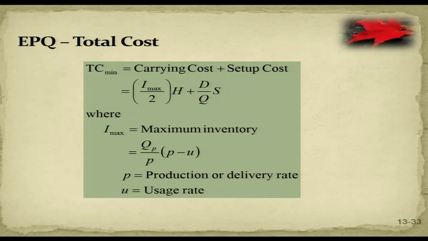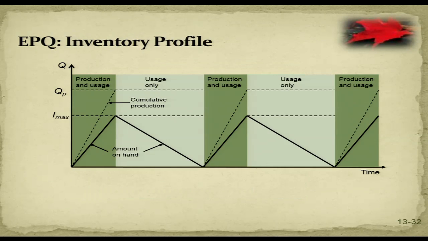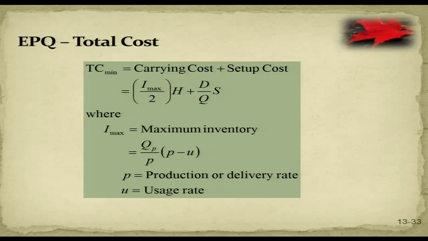Your goal is to produce 1,000 units, and every day you can produce 200, so you have to produce for 5 days, then you stop. So QP over P, if you go back to our graph, is just this green area: how many days you have to produce, 1, 2, 3, 4, 5.